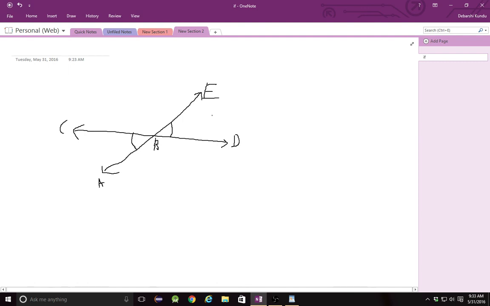So angle ABC is congruent or equal to angle DBE, because they're vertical angles.